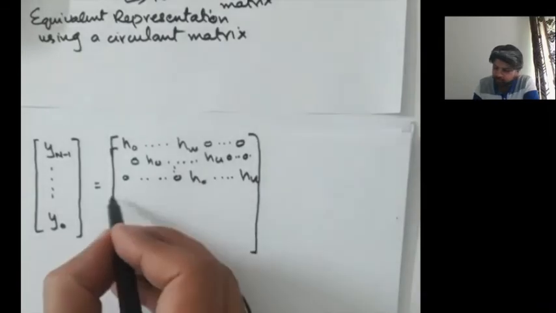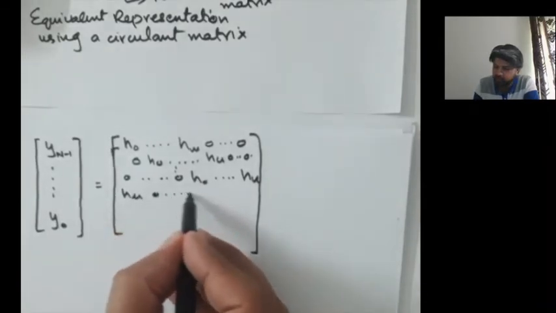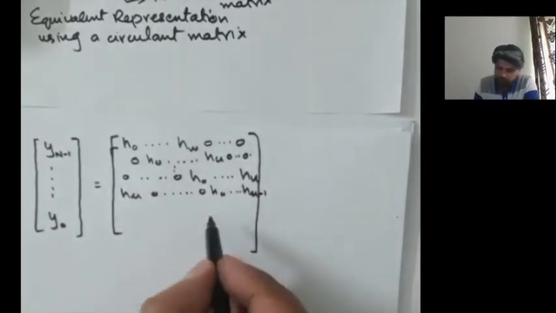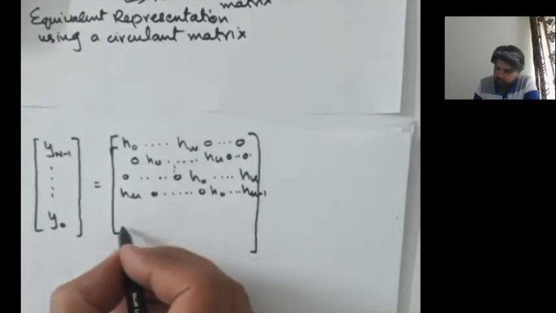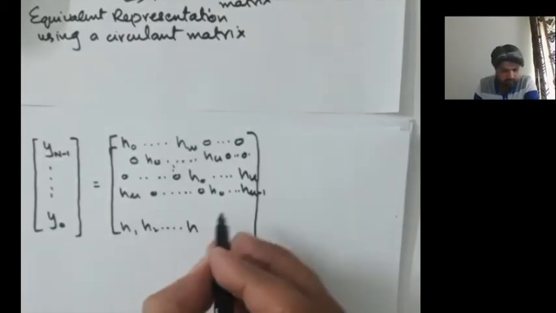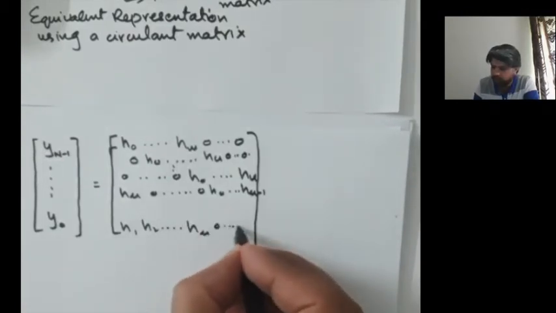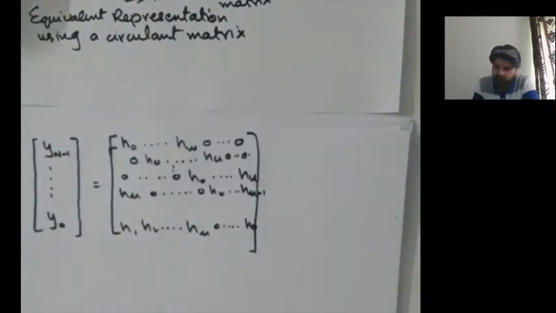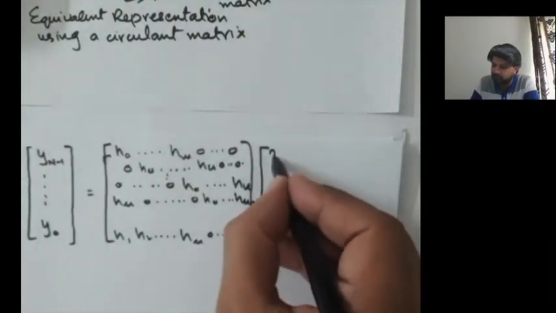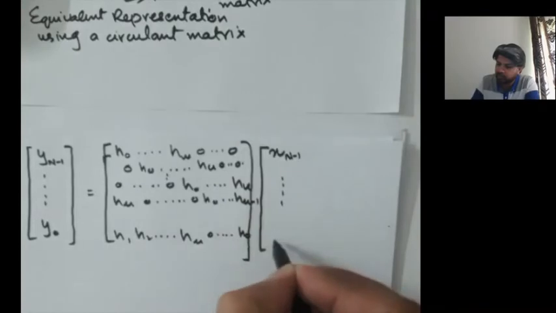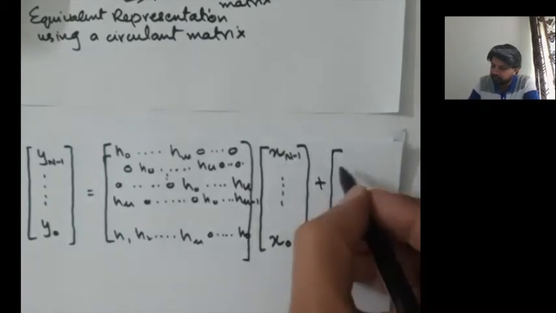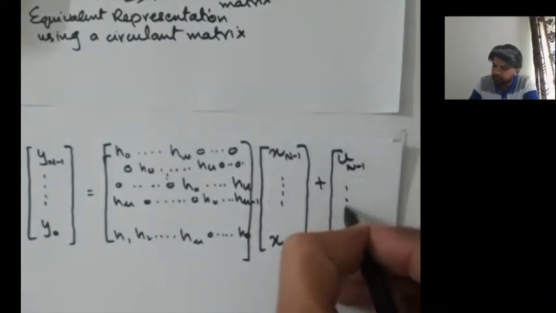So you would have h mu, then all the zeros, h naught and h mu minus 1, and this would continue, and finally the last row would be h1, h2 all the way to h mu, and then you would have zeros here, and this would be h naught. So this is the circulant matrix, and now the x vector would only have a dimension of n cross 1. So we would have x n minus 1 all the way to x naught here, plus of course the noise vector v n minus 1 to v naught.